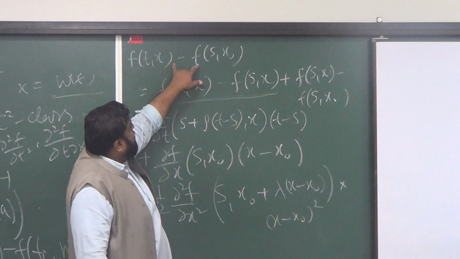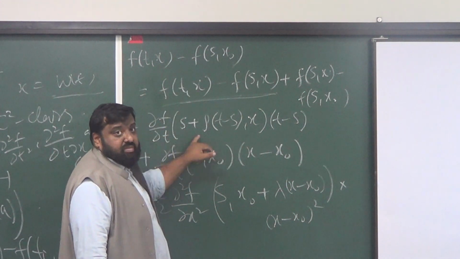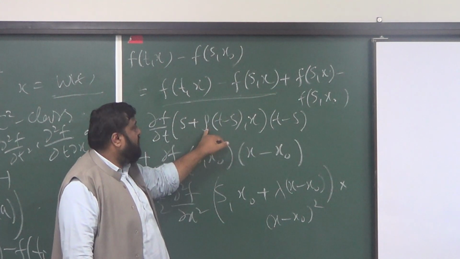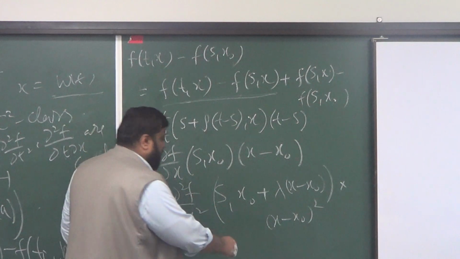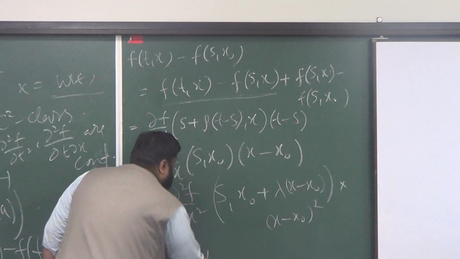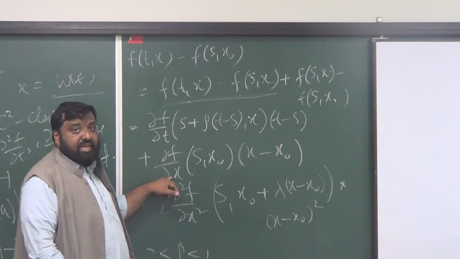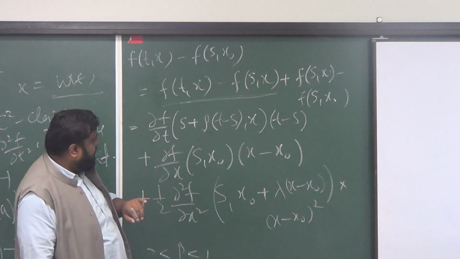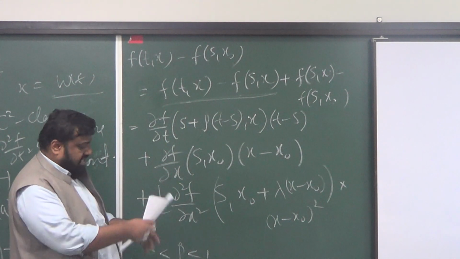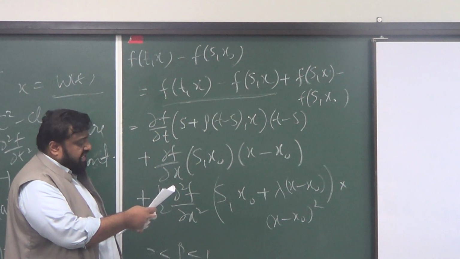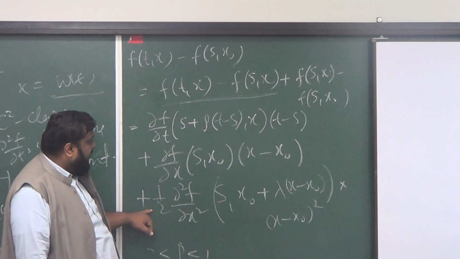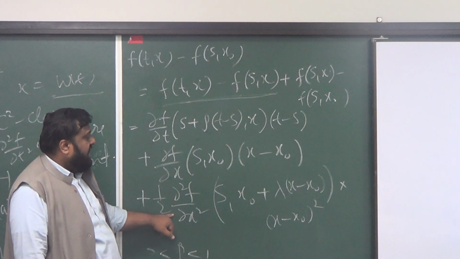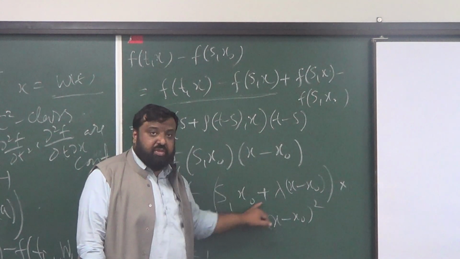So this increment is differentiated with respect to the time at an arbitrary instant between s and t, so rho is a number between 0 and 1. And differentiated with respect to x at x naught, and plus 1/2 differentiated twice with respect to x, at s and an instant between x and x naught.